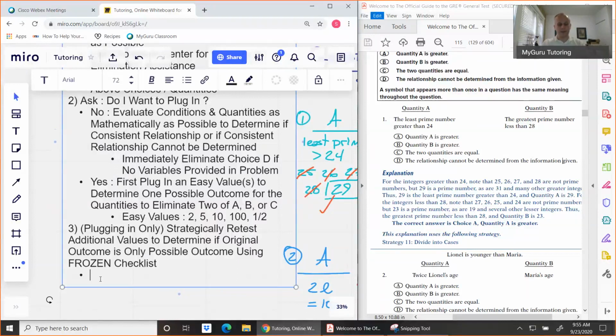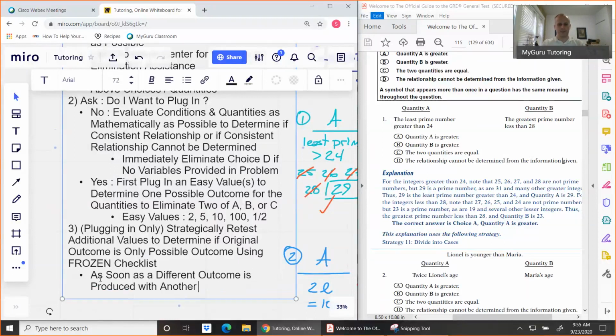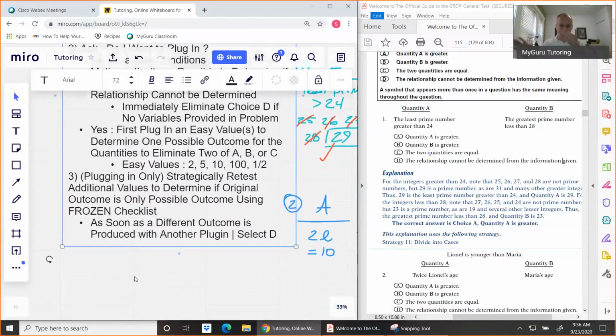But ultimately, as soon as a different outcome is produced with another plugin, you will just select D. So as soon as you get something else, if you're like, well, the first time it was equals, but the next time it's something not equal, I immediately select D. So that is really the goal of plugging in, is try to get to changing the outcome.